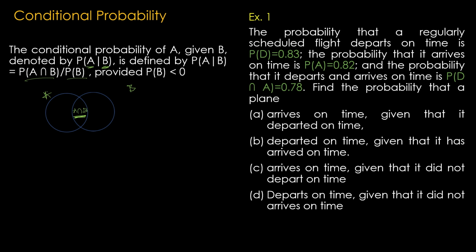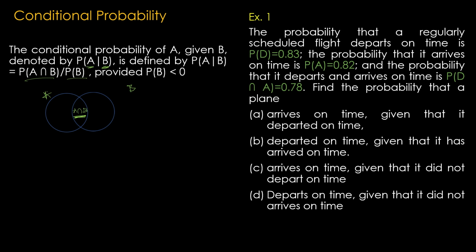The probability that a regularly scheduled flight departs on time is 0.83. The probability that it arrives on time is 0.82. The probability that it departs and arrives on time is equal to 0.78.